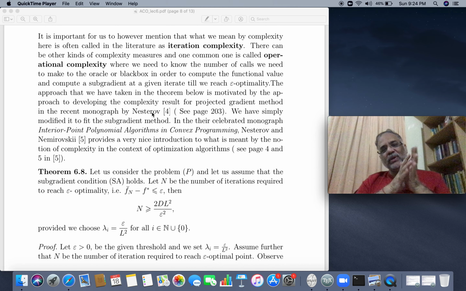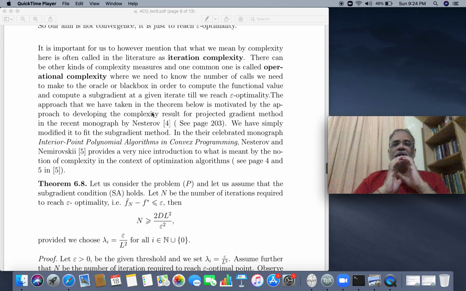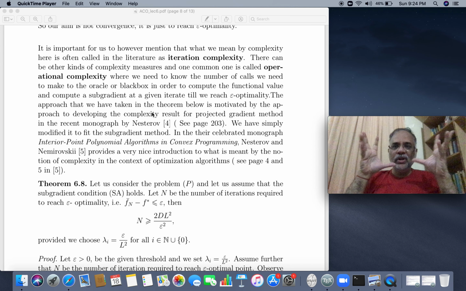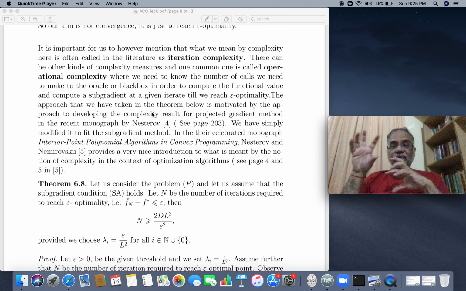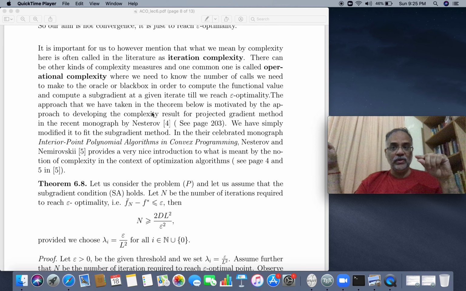Now, what the algorithm says that we have to know is the following. Suppose I take epsilon as a threshold. In my context, I am not interested in f of x_n because it's a non-monotone algorithm.